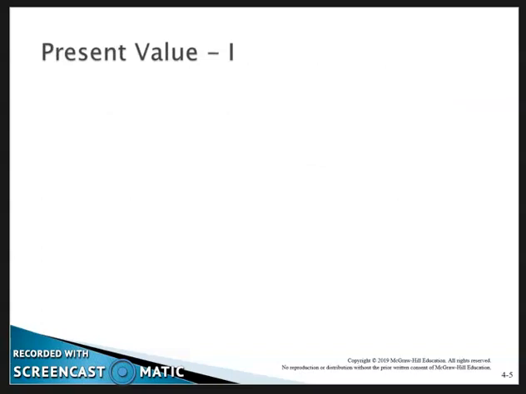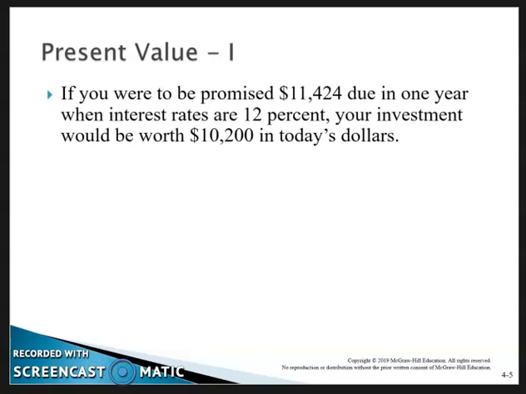So present value is just the opposite of future value. If you were promised $11,424 due in 1 year, and interest rates are 12%, your investment would be worth $10,200 today. Another way to say that is if your required rate of return is 12%, the fair price for that would be $10,200.